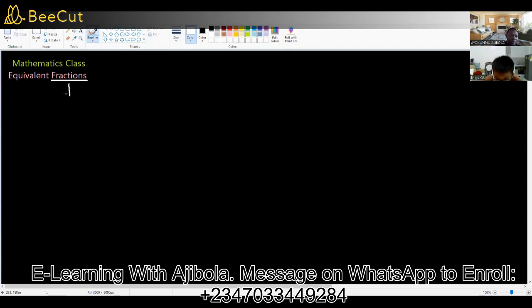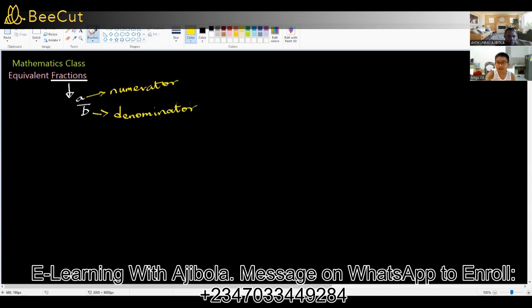A fraction is something that has a number over another number. The number at the top is called the numerator. Then the number at the bottom is called the denominator.